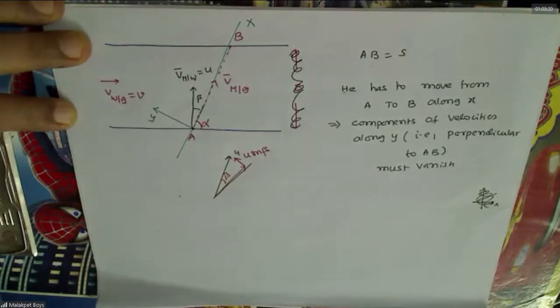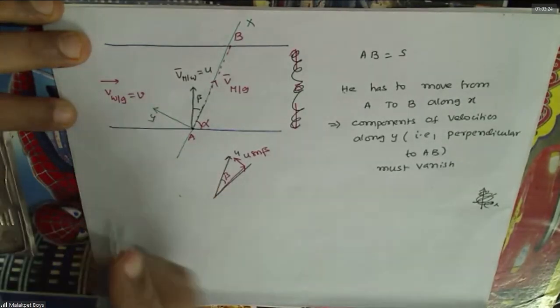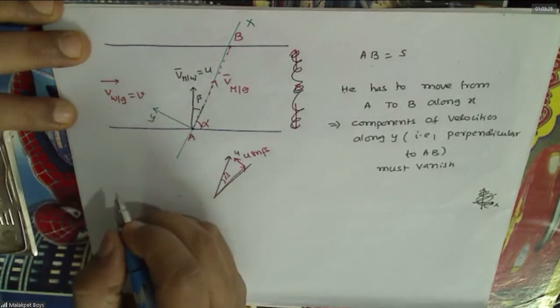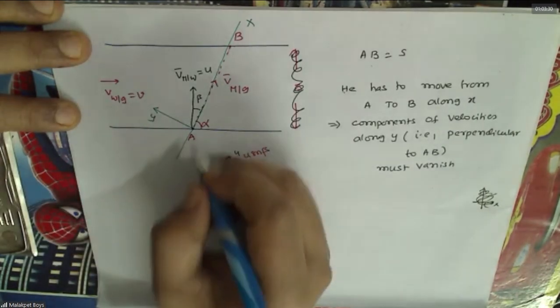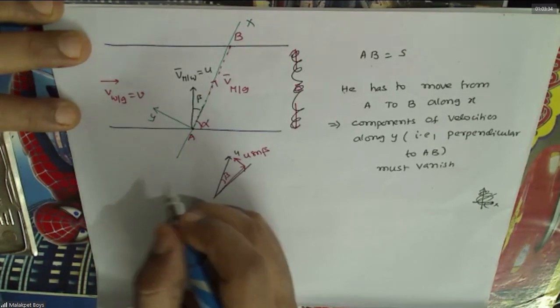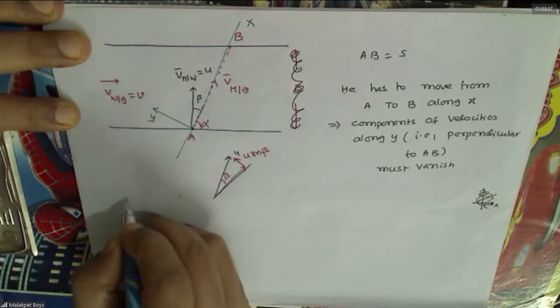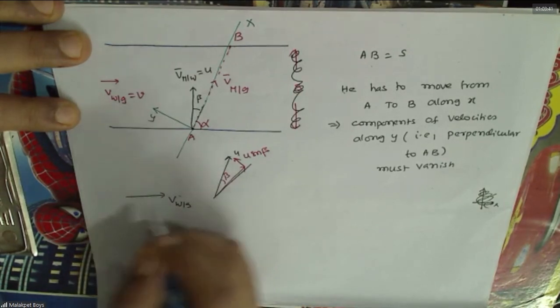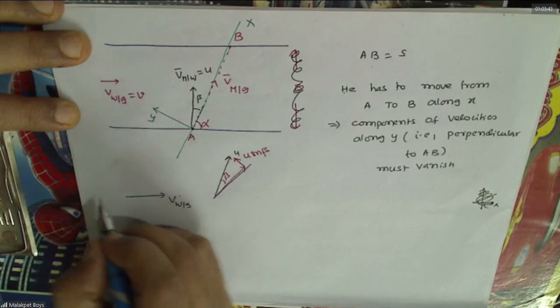U sin beta. Agreed. And what is the other one you are having? The velocity of river. This is the river flow. Understood? Now this is 90 degrees.